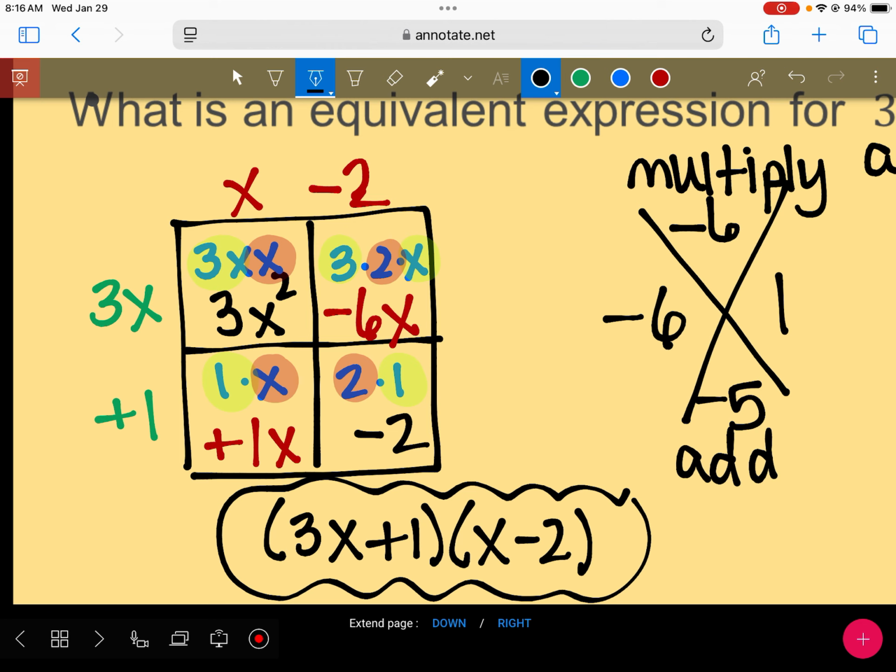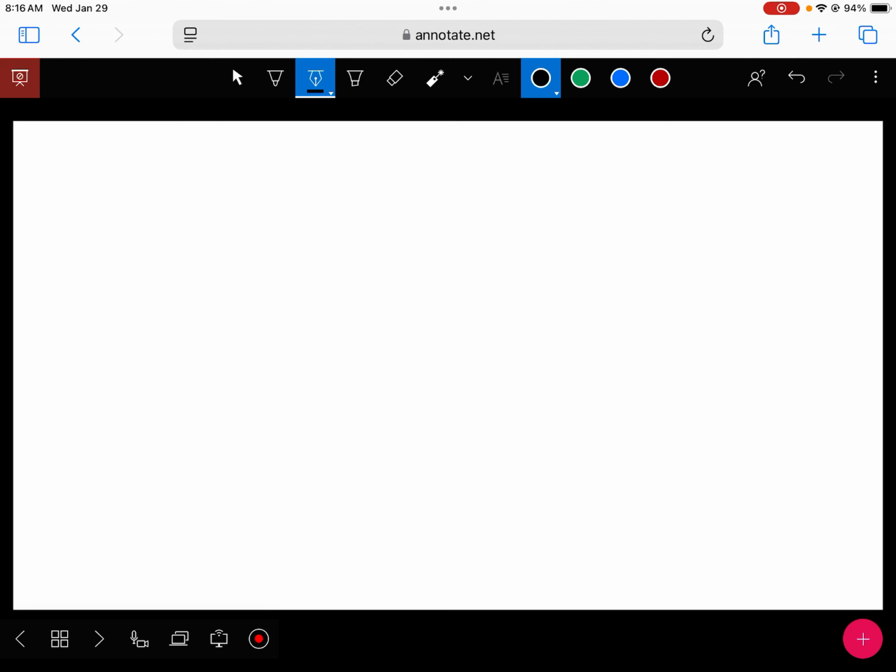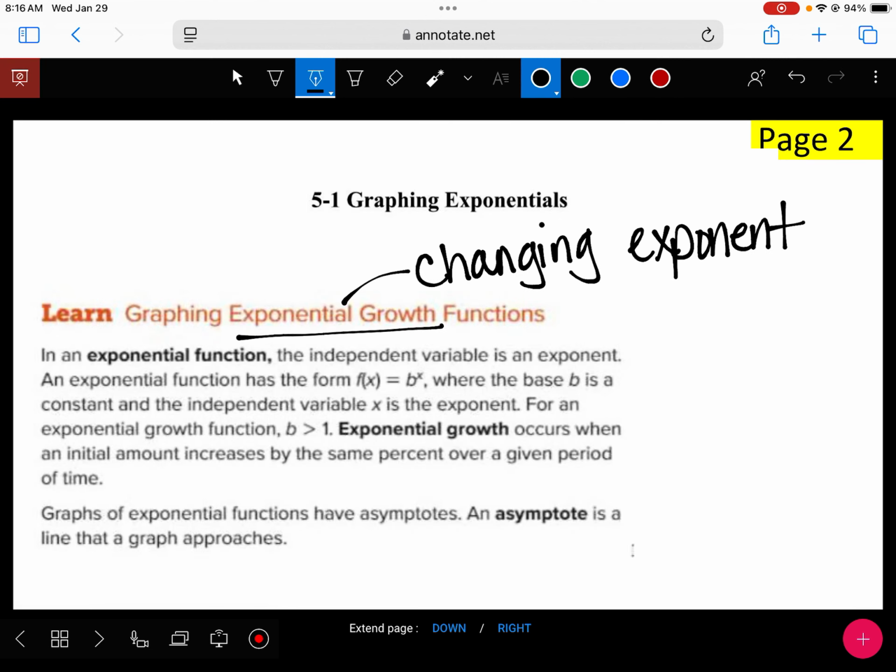So this chapter is all about exponential functions. So what is an exponential function? An exponential function is simply a function that has a changing exponent.